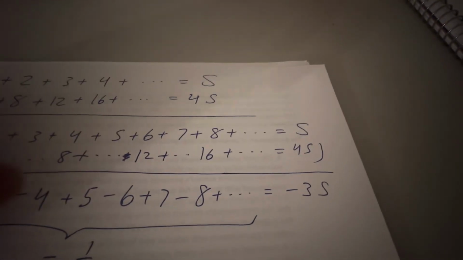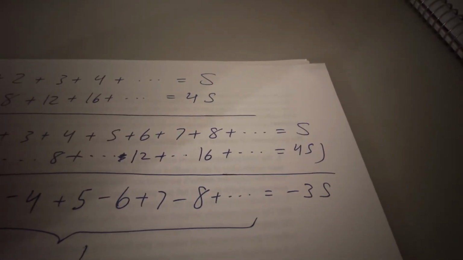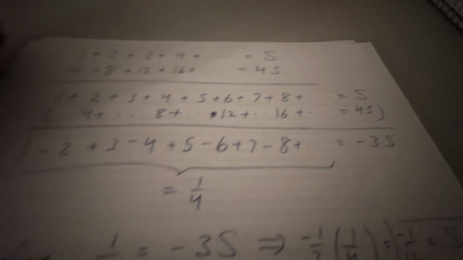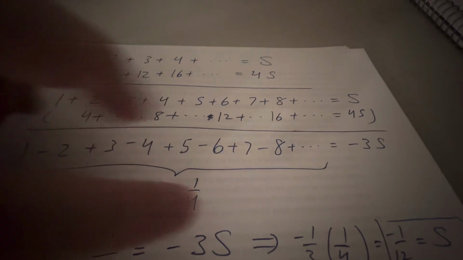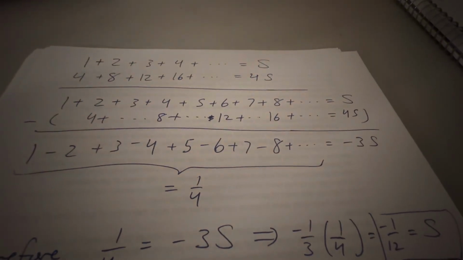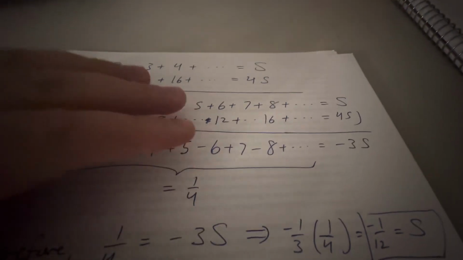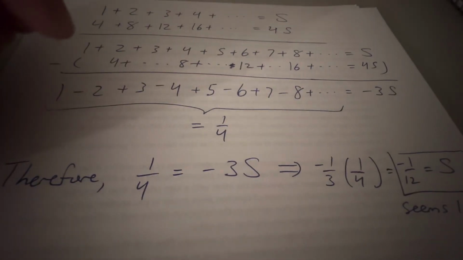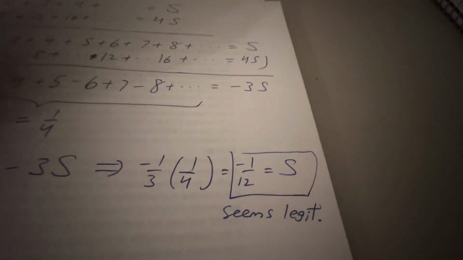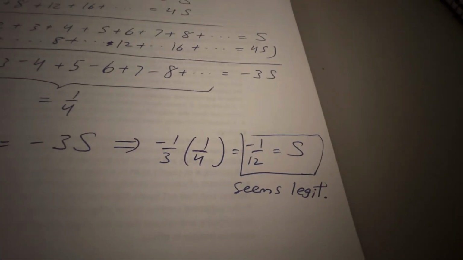But on the right-hand side, I have S minus 4S, and that gives me negative 3S. But we know what the left-hand side is because we just showed, quote-unquote showed, that it was equal to 1/4. So we have 1/4 is equal to negative 3S, and then if you divide both sides by negative 3, you get the very legitimate result that S is equal to negative 1/12.